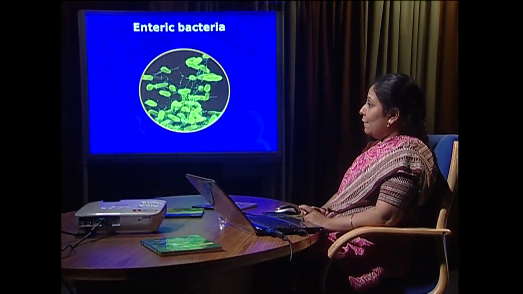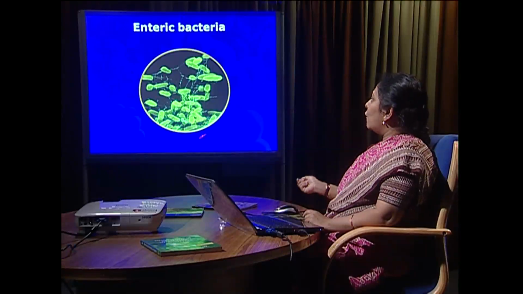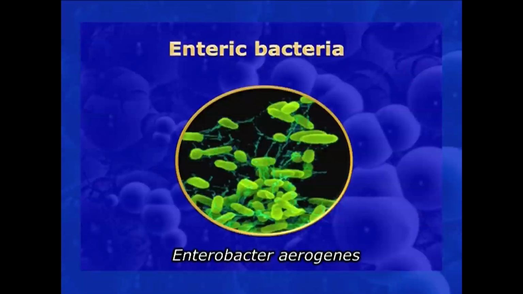Enteric bacteria. They belong to the Enterobacteriaceae family. This is the picture of Enterobacter cloacae. Enterobacter aerogenes are there. They are gram-negative organisms. They are lactose fermenting organisms. They are the causative agent for some of the enteric diseases, and they have an oral to fecal route.